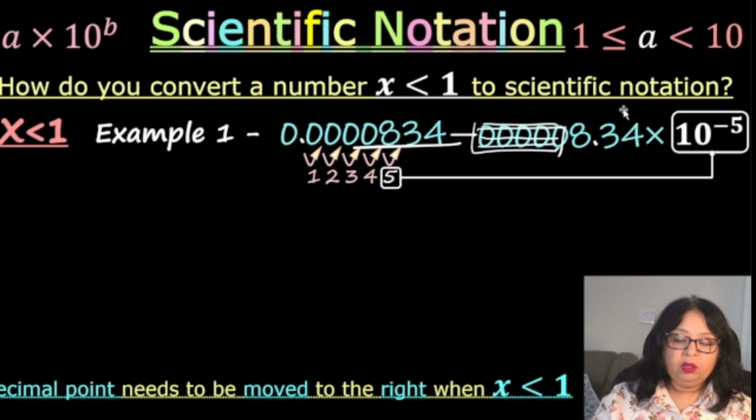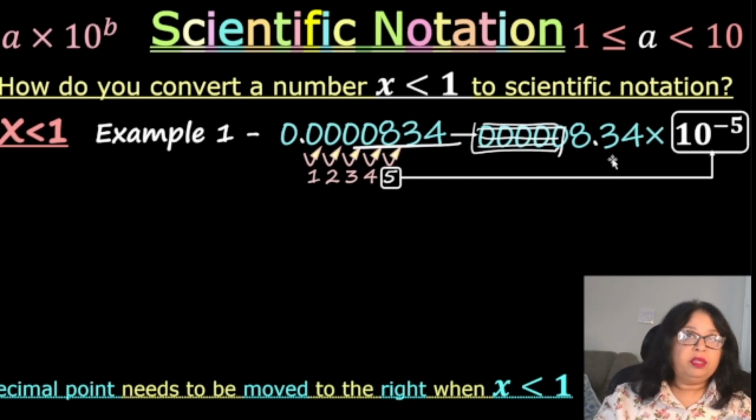And when I divide 8.34 by 10 to the power 5, I get 0.0000834. One thing that can be tricky for some students is figuring out whether to multiply by 10 to the power minus 5 or plus 5. Here's one way to do it. You're going from a very small number on the left hand side to a larger number. This number is larger than the number on the left hand side.